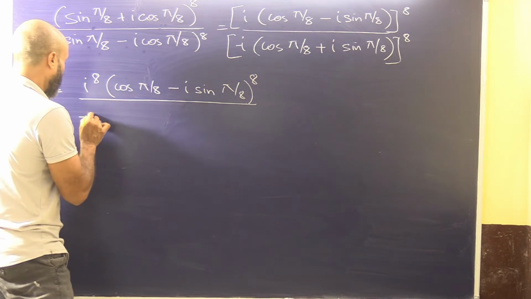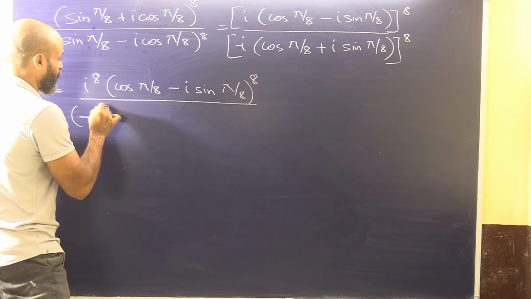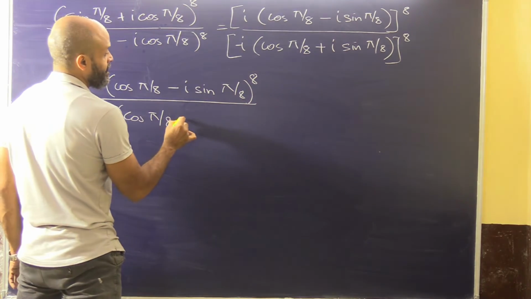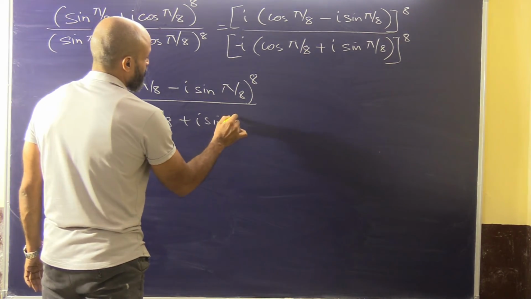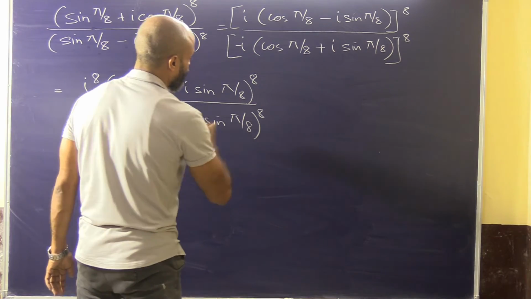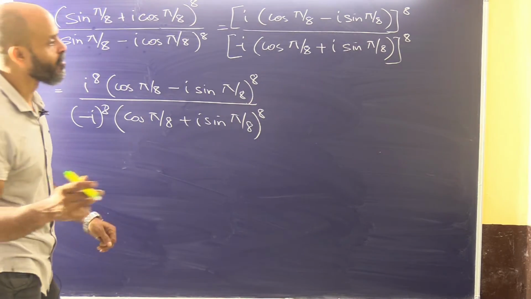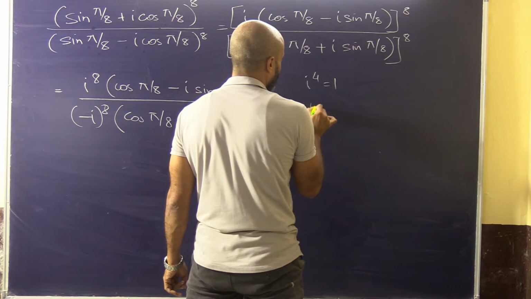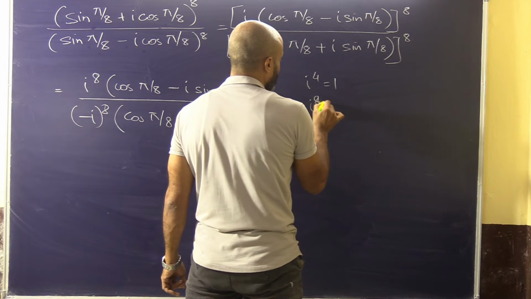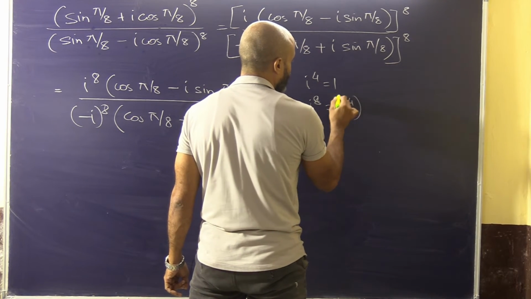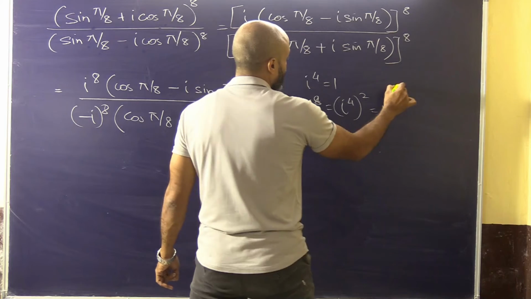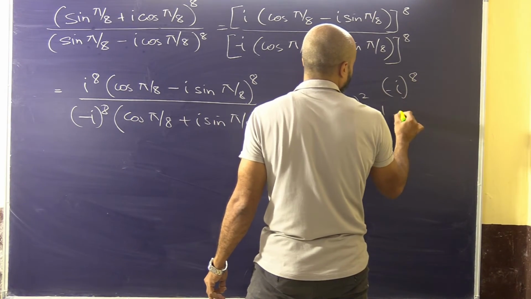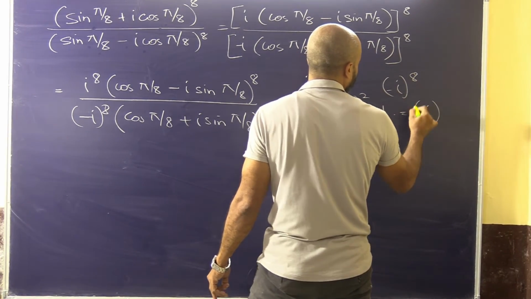Now i to the power of 8: we know i to the power of 4 is 1, so obviously i to the power of 8 will be equal to i to the power of 4 square, that is 1. Minus i to the power of 8 we know will be equal to minus i to the power of 4.